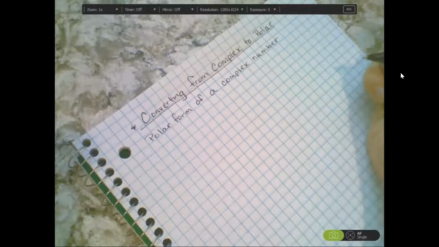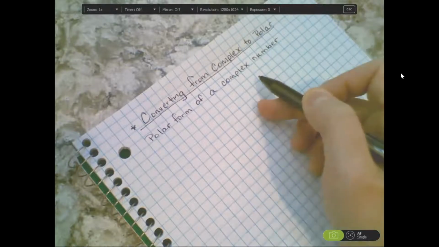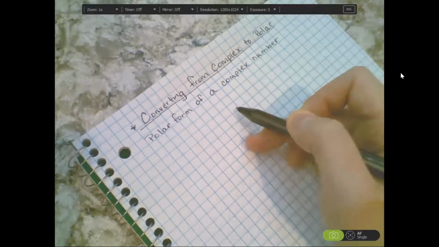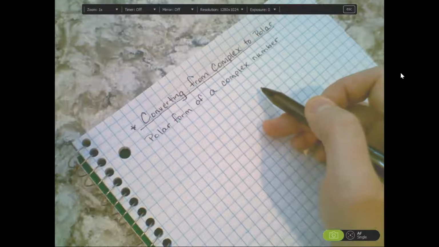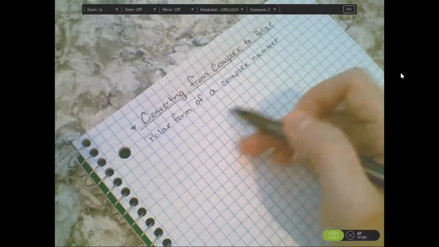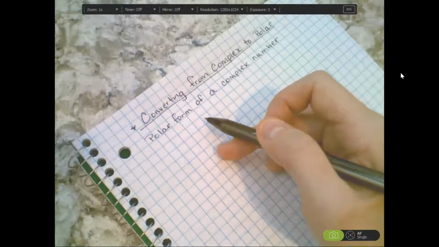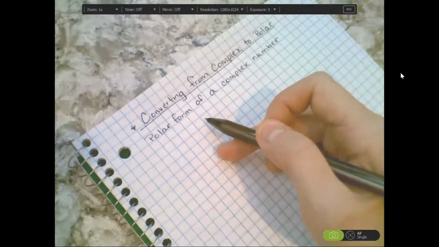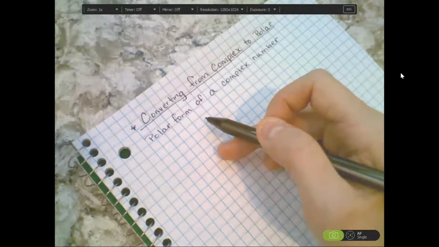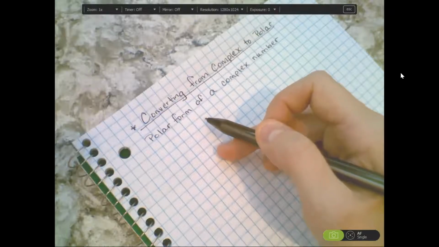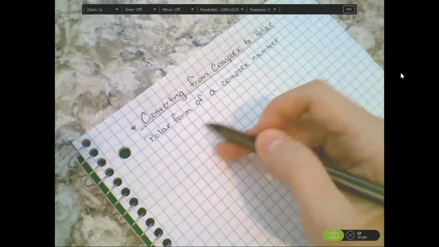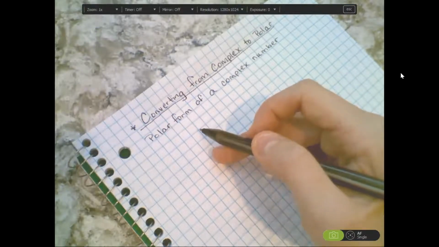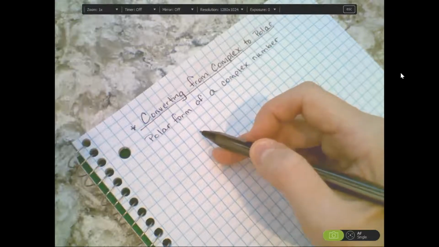So even when we have a complex number and we want to put it into a different form, into a polar form, because it's a complex number, it's still going to have imaginary stuff in it, okay? And then polar, if you think about when we were plotting the polar points, we had a certain distance that we would go out from the origin. That was like our R value, but we also had an angle, right? So if it's a polar form of a complex number, we're probably still going to have that angle in there. And then we are going to have some imaginary stuff.